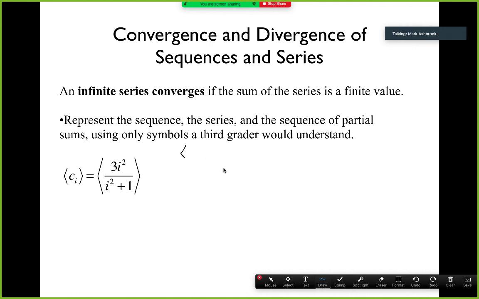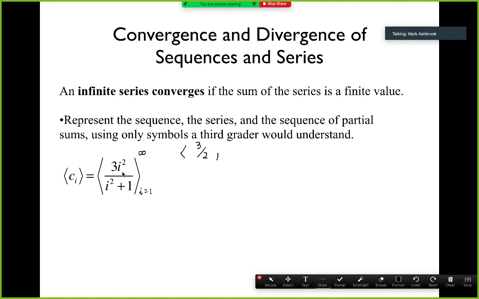So the sequence is the list. How do we generate the list? By letting i take on the values from 1 to infinity. And so when you put in 1, what do you get? 3/2. That's the first number in the list.